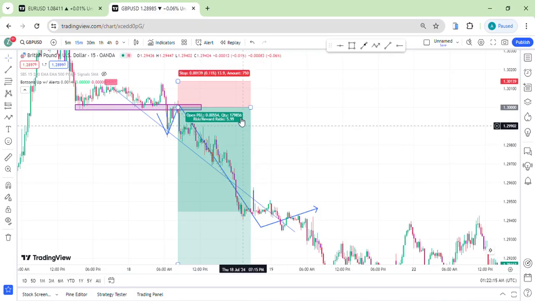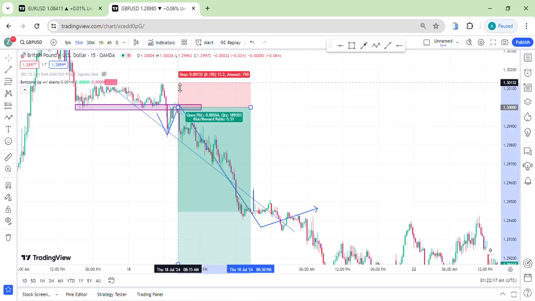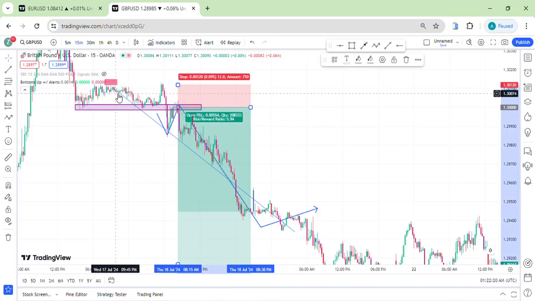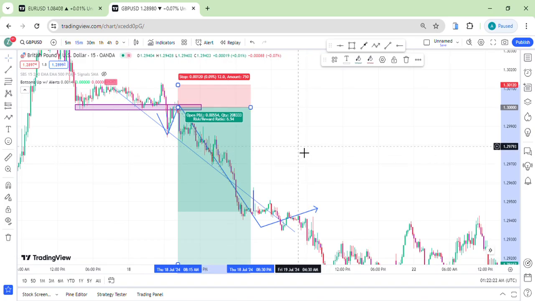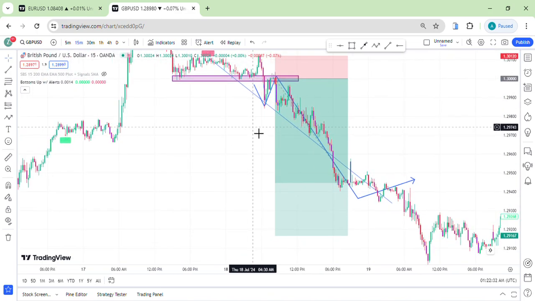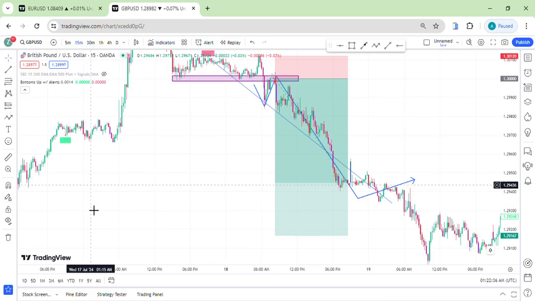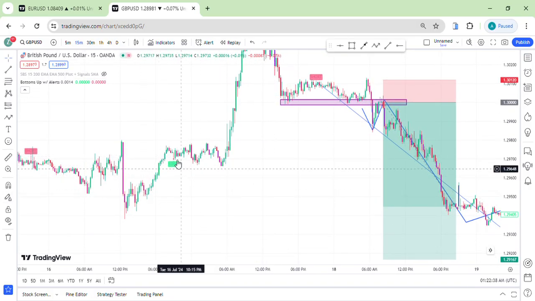So we are setting our stop loss above and wait for this indicator to give us another buy or sell signal. Do you guys understand? That's how we set our take profit. So we keep on holding, or you can take some partial profit and lock it up. And again here, the same thing, give us another buy signal.